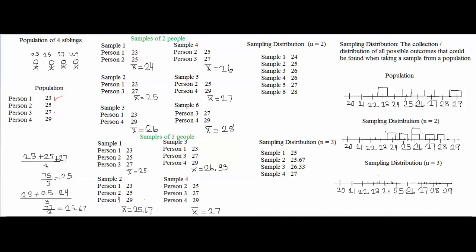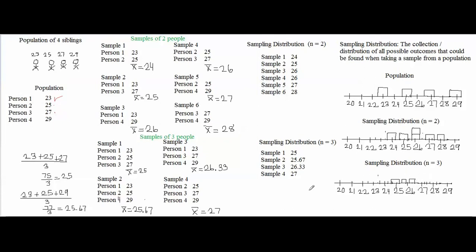We're actually going to have to make some smaller boxes to fit all of these on here because 25.67 is between 25 and 26. It's about right there. And 26.33 is a little bit above 26. So we'll put the box for sample 3 right here.